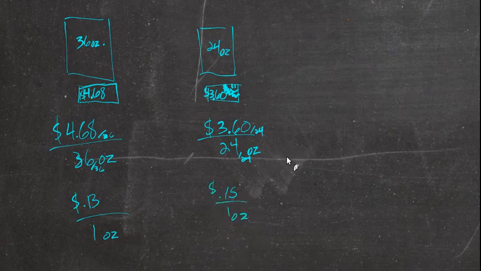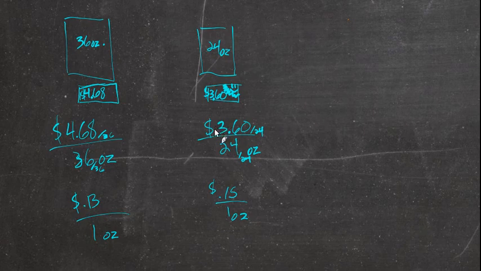Okay, and that'll happen a lot. Most of the time when I compare the sale price to the bigger box, the bigger box is typically still cheaper. And in general, buying a bigger box of the same thing is cheaper because it costs the company less to put it in a big box rather than making a bunch of smaller boxes, and so on and so on. So there you go.